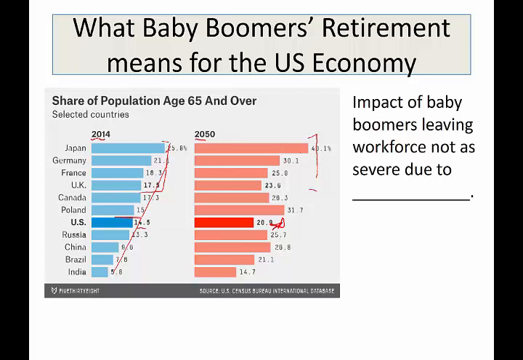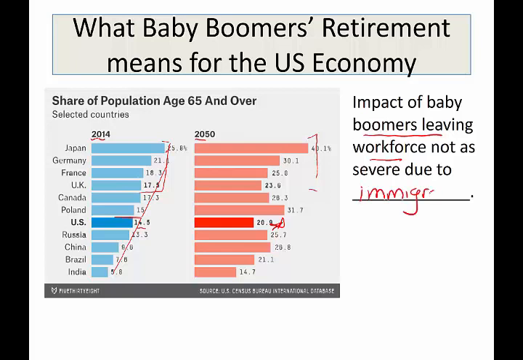So the impact of an aging population on the economy can be tremendous, especially if there are not younger people coming up to take their place, because there's no one contributing, not just towards the workforce, but towards Social Security or something like that. In the U.S., the impact of the baby boomers leaving the workforce is not as severe as it could be due to immigration.